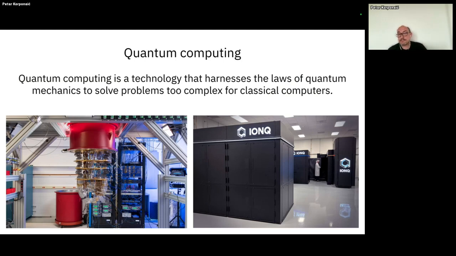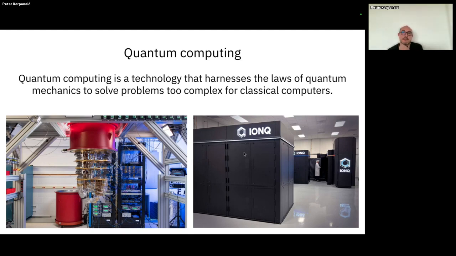In these pictures, you can see on the left side the Google superconducting quantum computer, and on the right side you can see IonQ. IonQ is a company who made a trapped ion, so this is an ionic quantum computer. These are two different technologies of quantum computers.